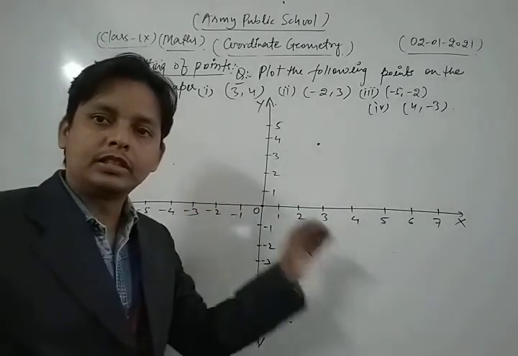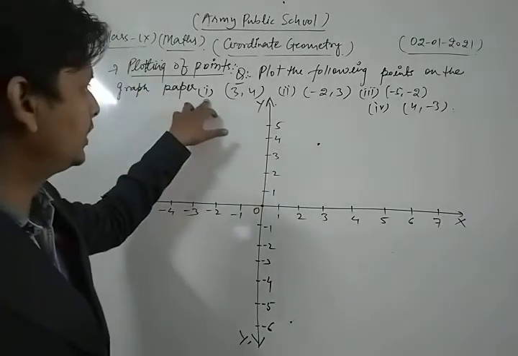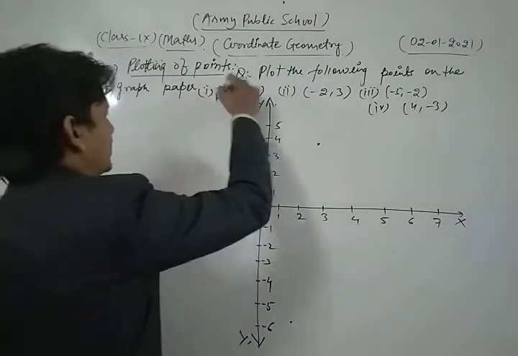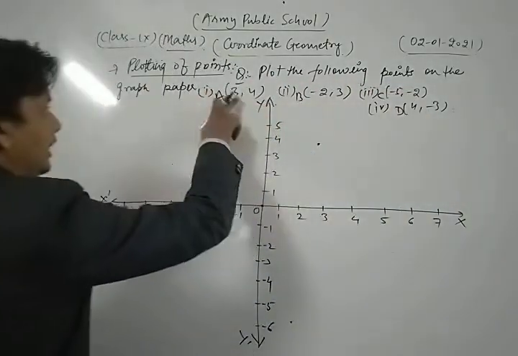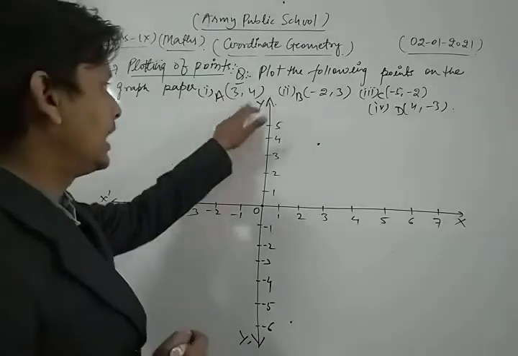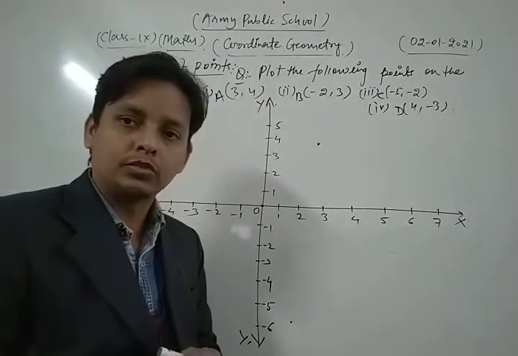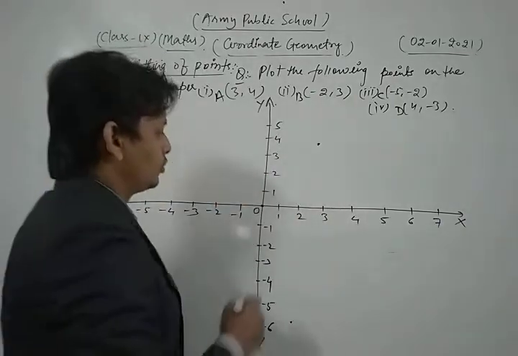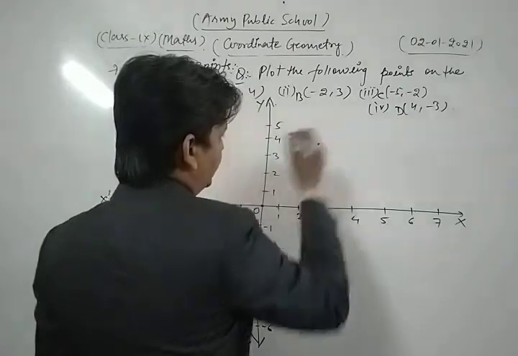We are using the concept of the Cartesian coordinate system. Now we name the points A, B, C and D. First of all, (3, 4) means abscissa and ordinate both are positive. You know that it is in the first quadrant. So abscissa is 3, so 1, 2, 3 here. Now ordinate is 4. From there we take 4.